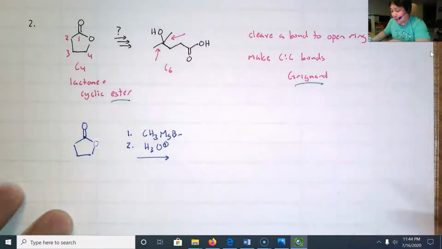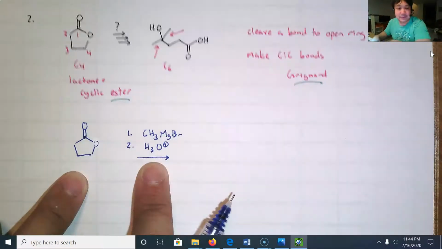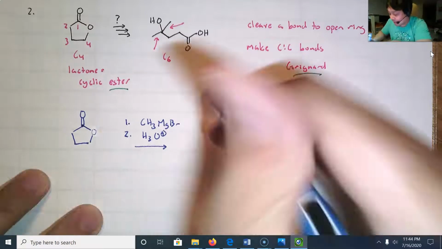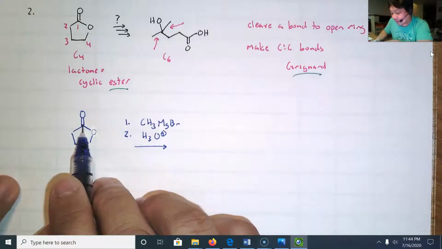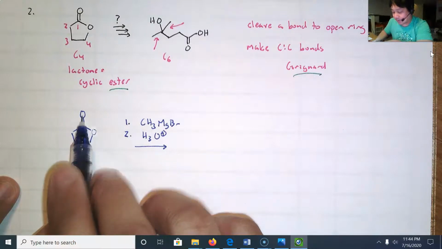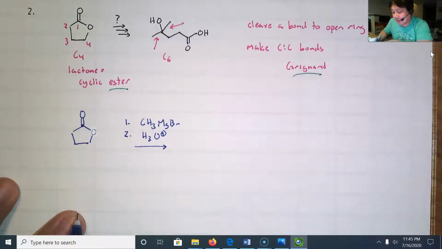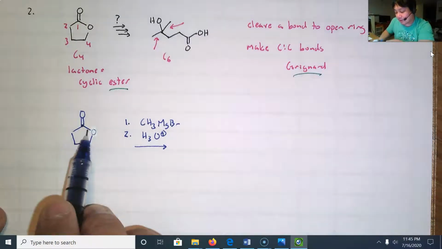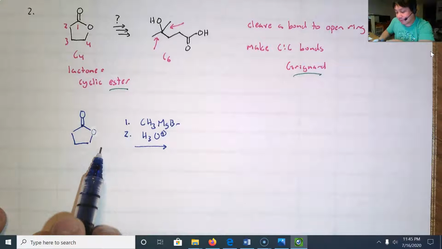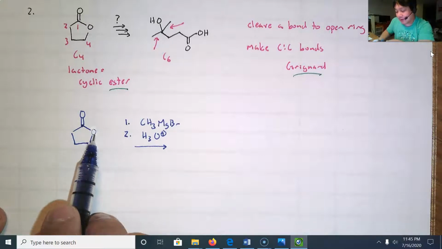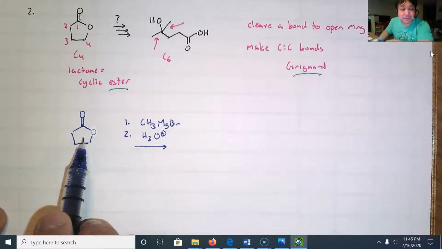Do you know how to draw the product if you're given this reaction? You add the Grignard twice to the carbonyl carbon, the carbon of the C double bond oxygen, and you change that to an OH. But when you kick out this group, it comes off and gets protonated and becomes an alcohol.